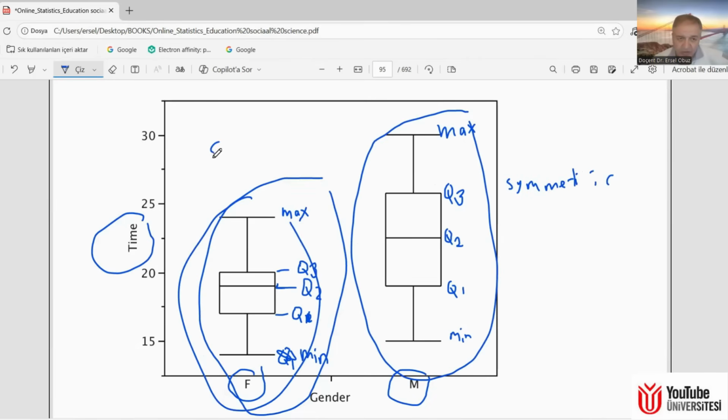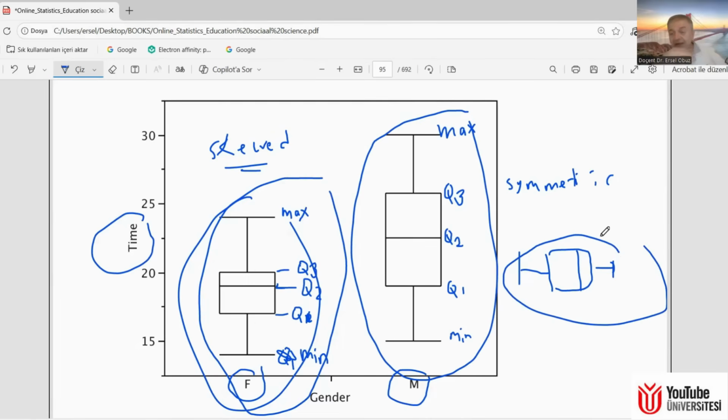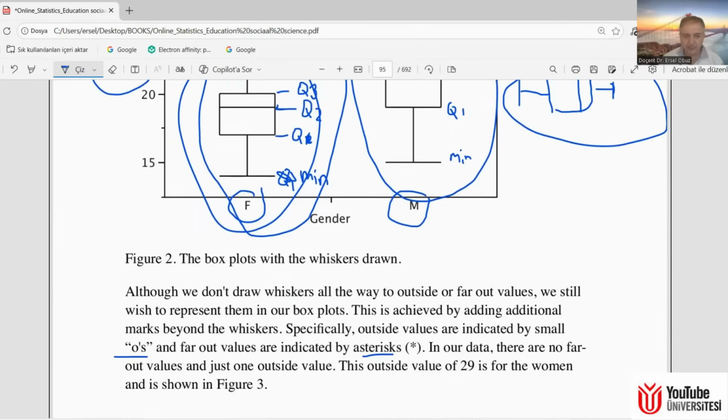And then here you have a distribution which is skewed. So you can understand the skewness just by looking at data. I would suggest that you draw the box plot like this. It's going to be easier for you to interpret the data if you draw the box plot horizontally. But if you do it vertically, it is a little bit difficult to see what the trend is. Right?